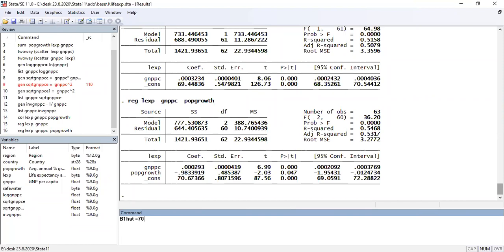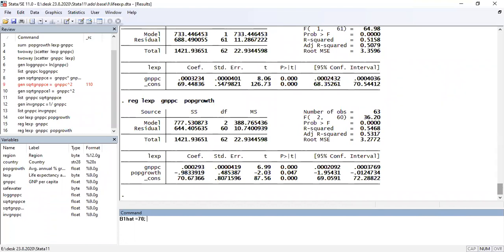For us, just the interpretation of these numbers, no theoretical questions. Beta 1 hat is 70. How do you explain that?